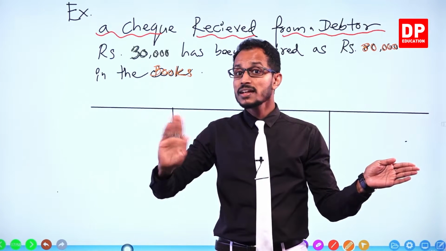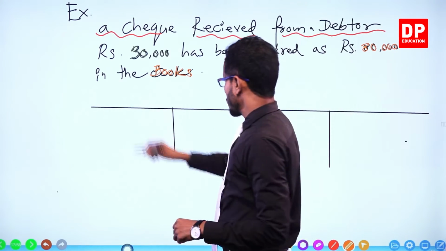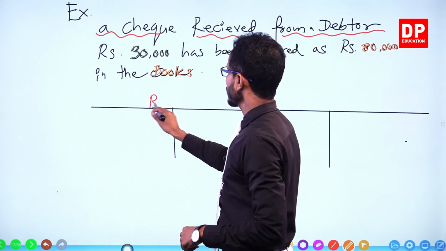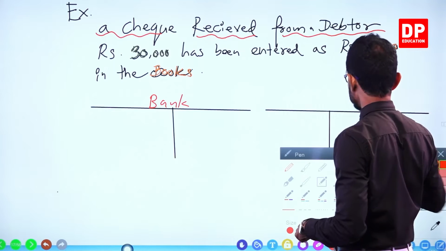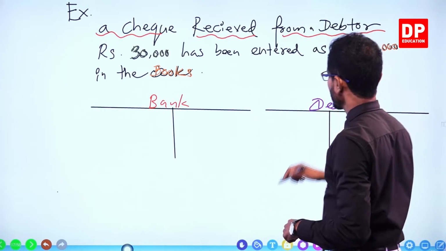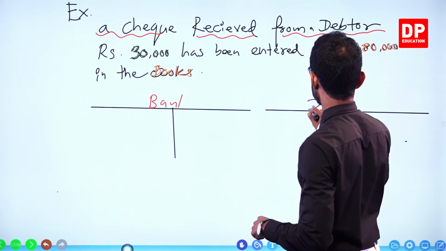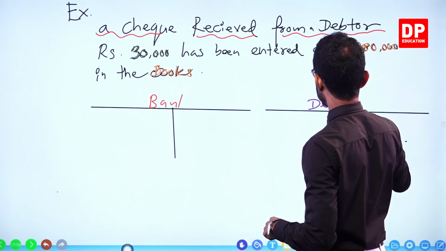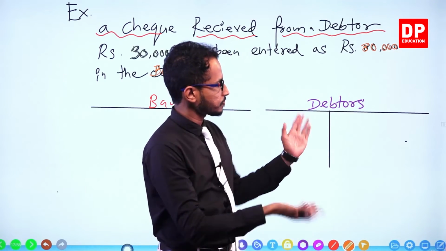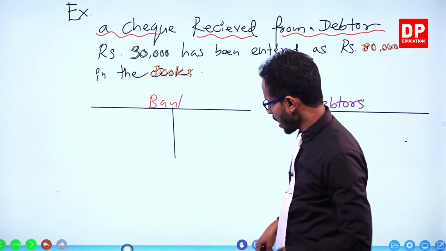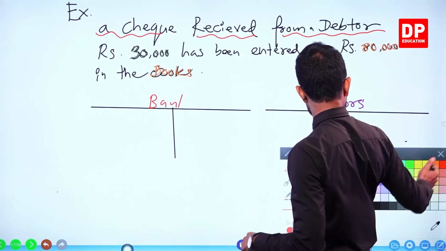What is the correct double entry? Bank debit, debtor credit. So I'm going to write bank and debtor. These are the two accounts: bank account and debtor's account. Bank debit, how much?